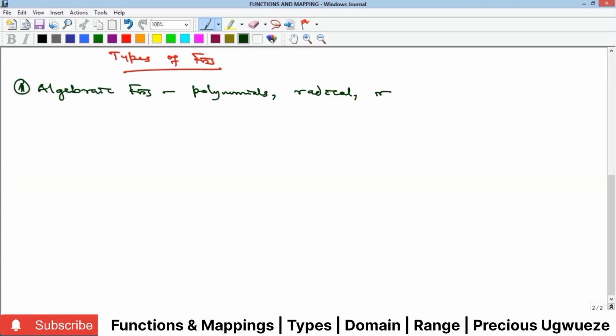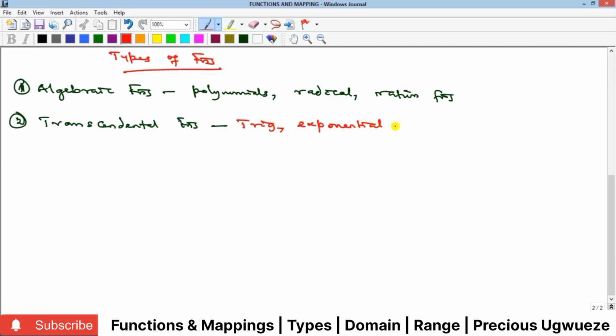We can also talk of rational functions, etc. The second type is called the transcendental functions. Examples are the trigonometric functions, the exponential functions, and the logarithmic functions, etc.